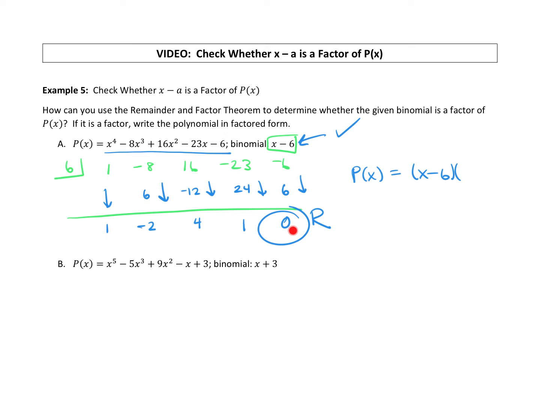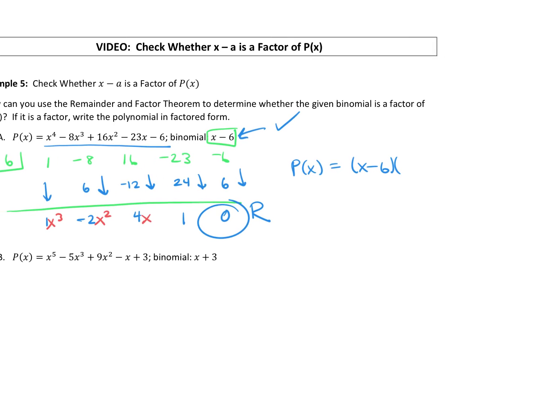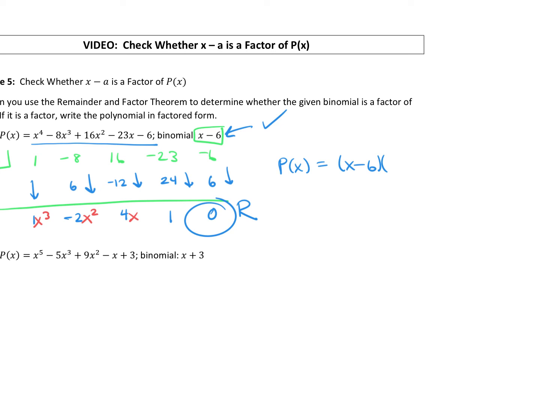We've got our remainder. Work to the left. Here's your constant term. Here's your x to the first power. Here's your x squared. Here's your x cubed. So when we write that out, we're going to write x to the third power minus 2x squared plus 4x plus 1.